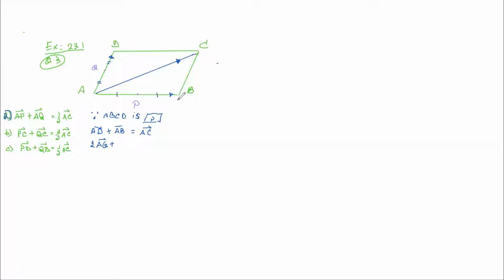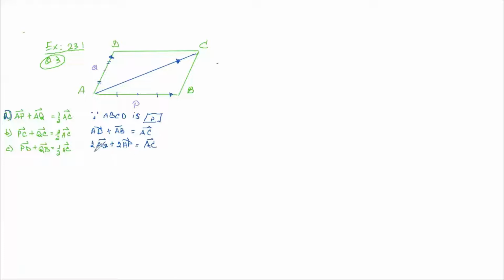We know P is also a midpoint, so we will have 2 times AP equals AB. So then this one equals AC.